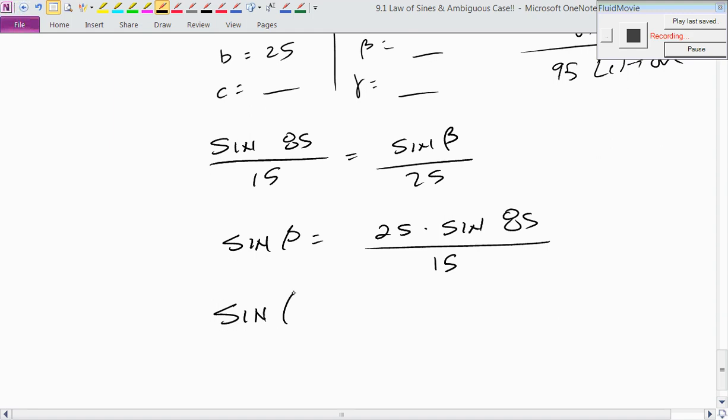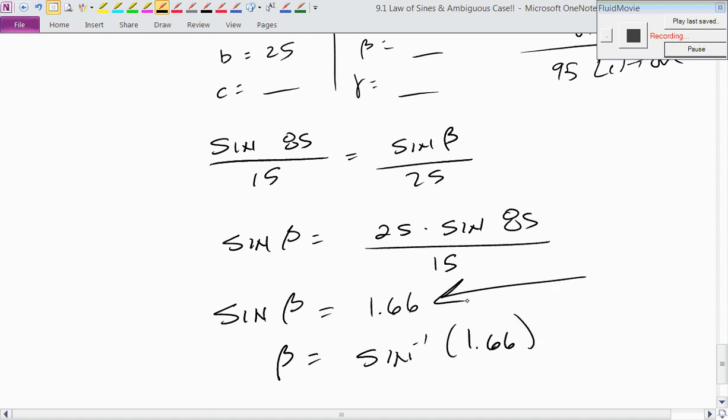So the sine of beta must be 1.66. Therefore, beta must be inverse sine of 1.66. Now, whenever you get a number that's bigger than 1 or less than -1, you're going to get a domain error because it's outside of your range for sine, which means it's outside of your domain for your inverse sine.